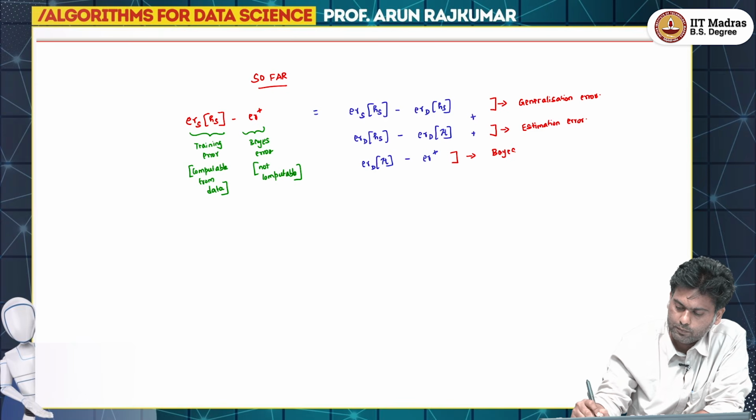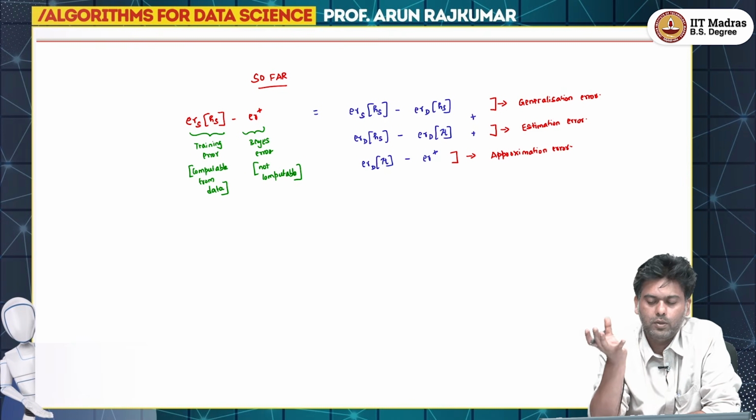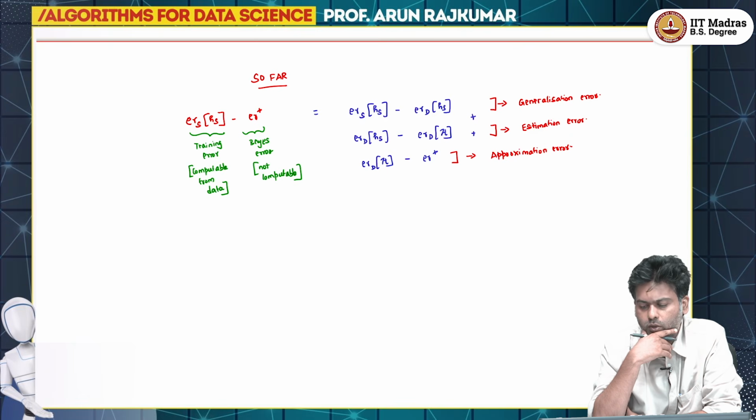This is the approximation error. This is how much we lose by approximating the space of all classifiers by the script H, the hypothesis class from which we are learning.